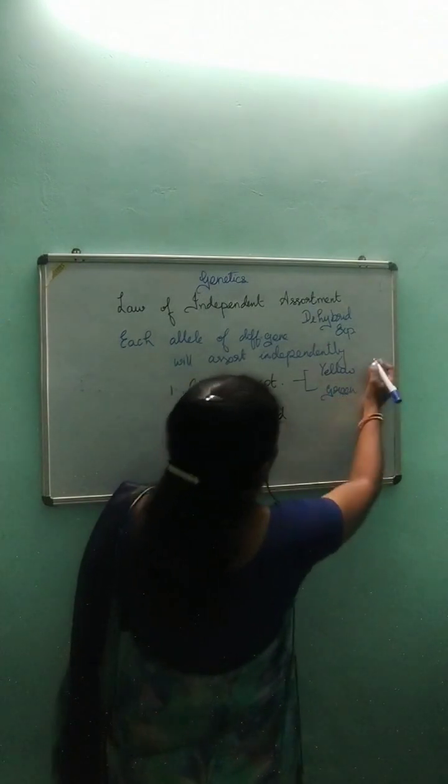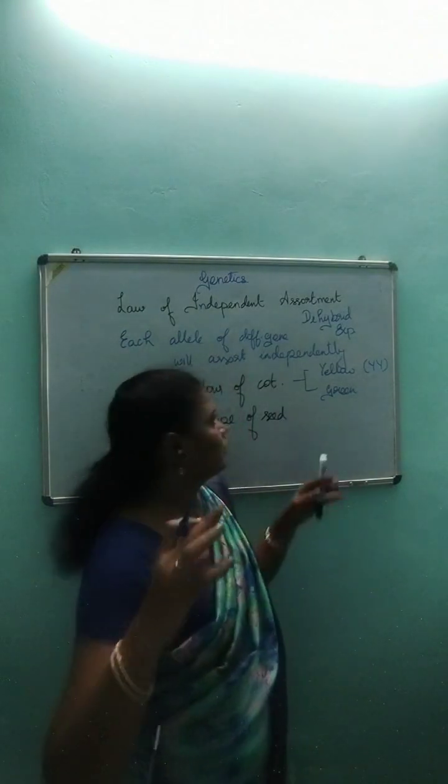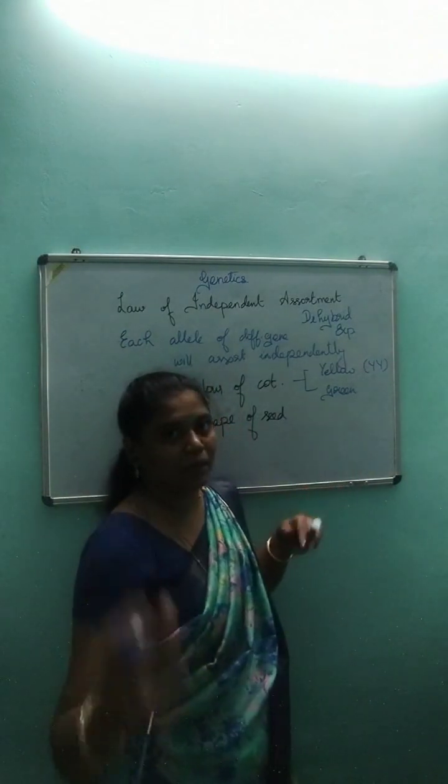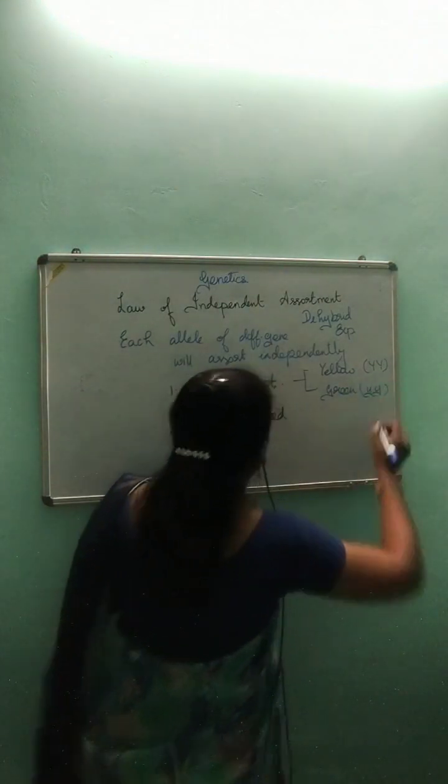Yellow is dominant over green, so he designated yellow as capital Y and green as small y and small y.